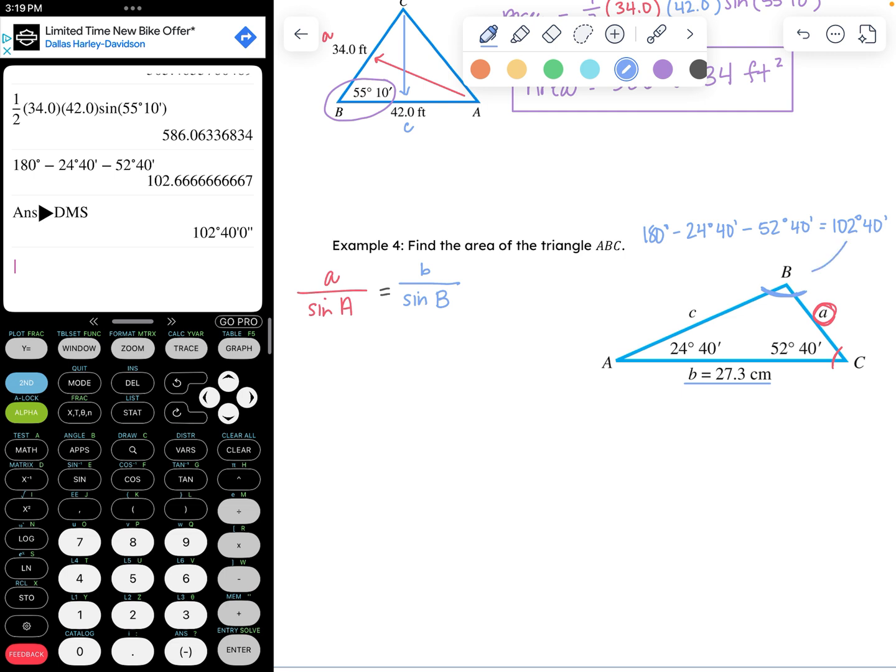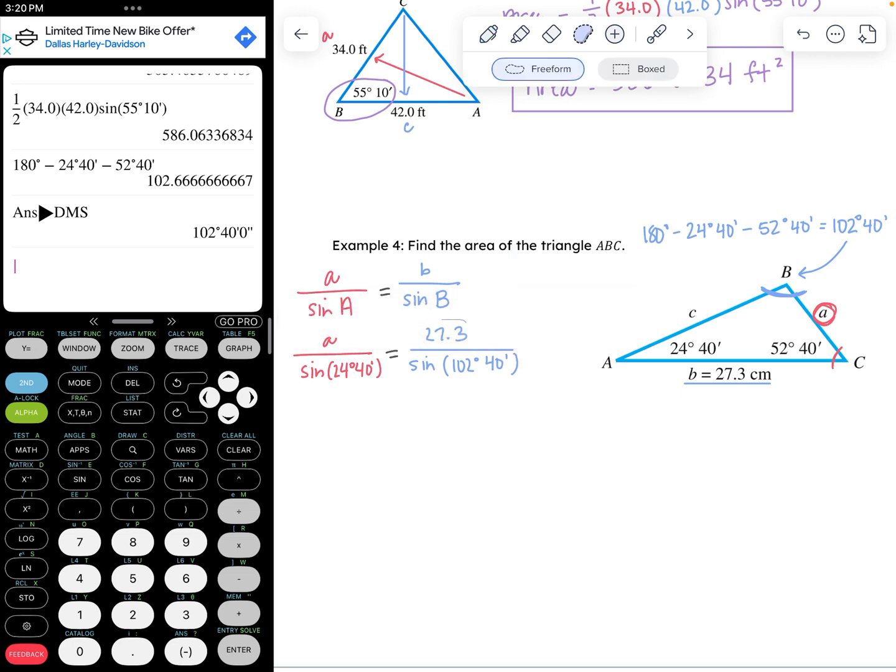So that's my angle B, and now I can plug all of this in to find my missing side, so then I can find my area. So side A over the sine of angle A, which is 24 degrees and 40 minutes, is going to equal side B, which is 27.3, over the sine of angle B, which we just found was 102 degrees and 40 minutes.